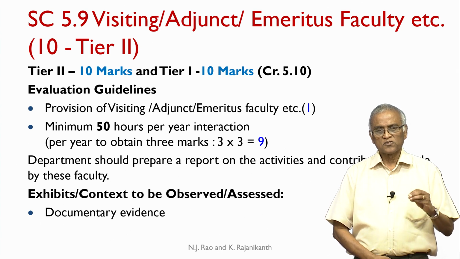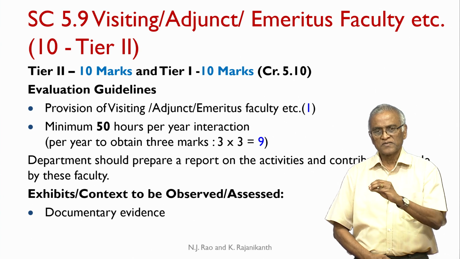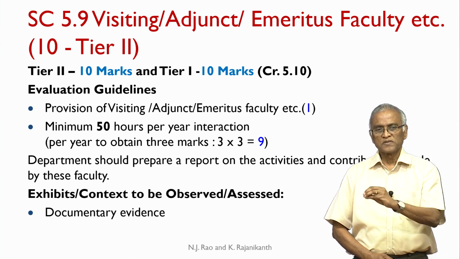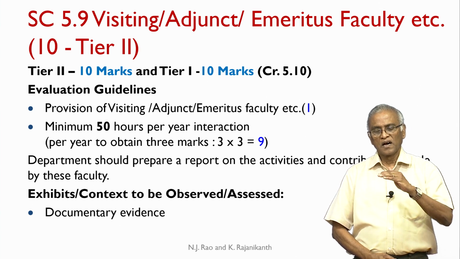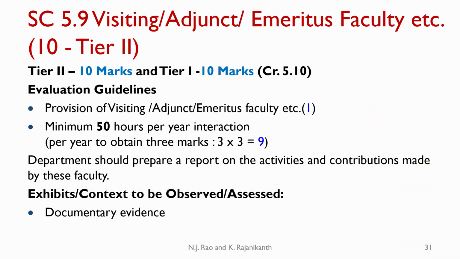So first of all, there should be a provision for visiting, adjunct and emeritus faculty. There should be a document describing under what conditions they have to qualify under this, just 1 mark for the presence of such a document.